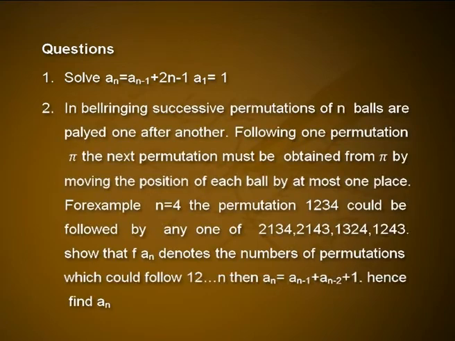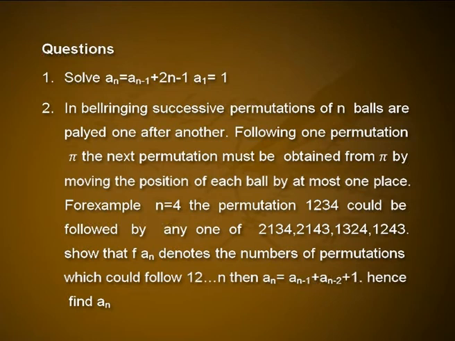Here are some problems to work out. First one, solve a_n equal to a_(n-1) plus 2n minus 1, with a_1 equal to 1. Second, in bell ringing, successive permutations of n balls are played one after another. Following one permutation pi, the next permutation must be obtained from pi by moving the position of each ball by at most one place.